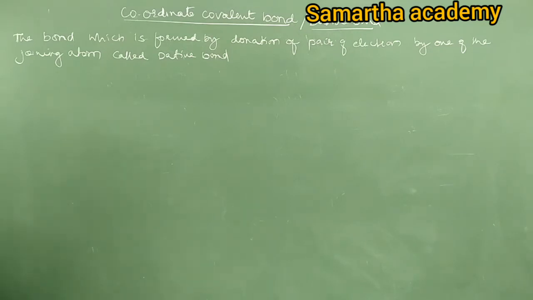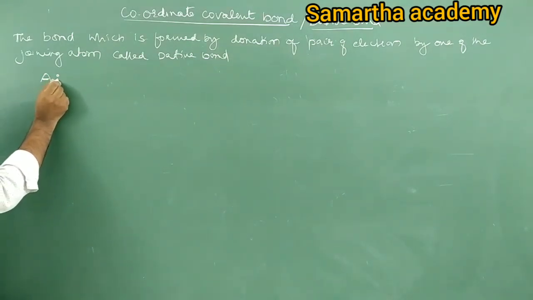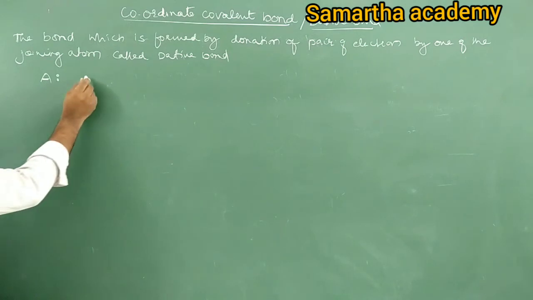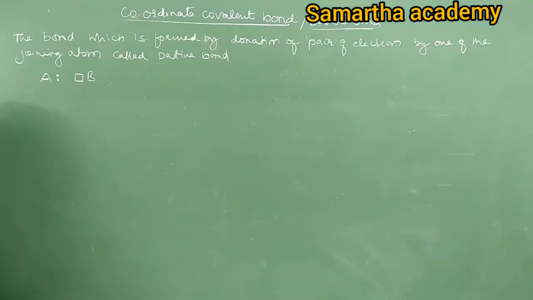Right. Let us take one simple representation. Atom A has a lone pair. Atom B has a vacant orbital. Come on, tell me which is the donor, which is the acceptor.